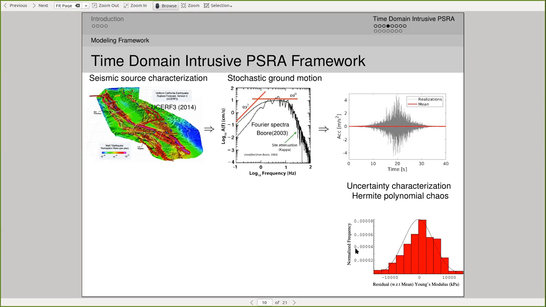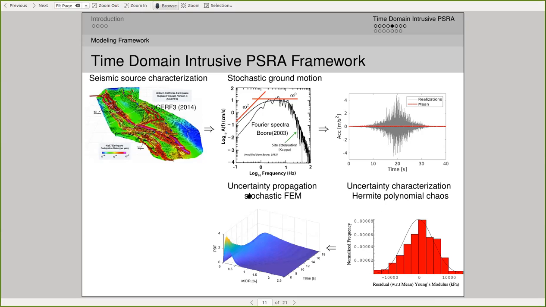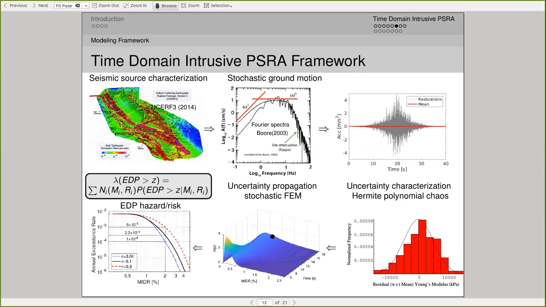And with this, once we characterize both of these input uncertainties, we can do the uncertainty propagation using stochastic finite element method, with which you can get the whole probabilistic dynamic structure response by a single simulation analysis. And from that, we can get the structure failure probability of any chosen engineering demand parameter. And we combine this failure probability with the scenario rate information that will give us the hazard and seismic risk.